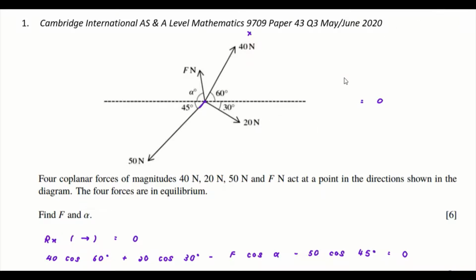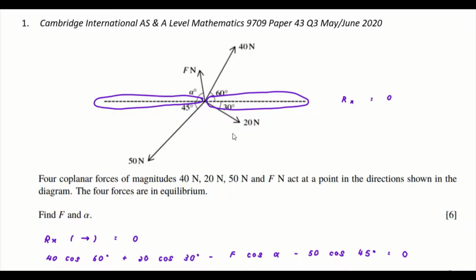Now you can imagine that these forces are in equilibrium. So when we resolve to the x direction, it equals 0, which means the force on the right hand side is the same as the force on the left hand side.